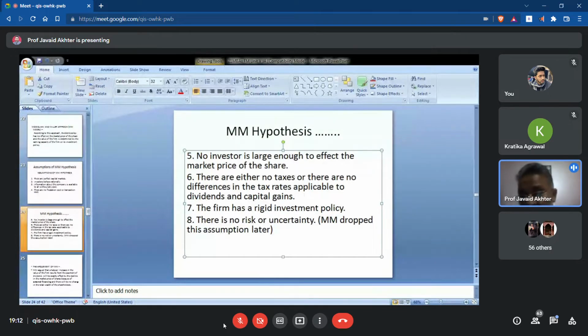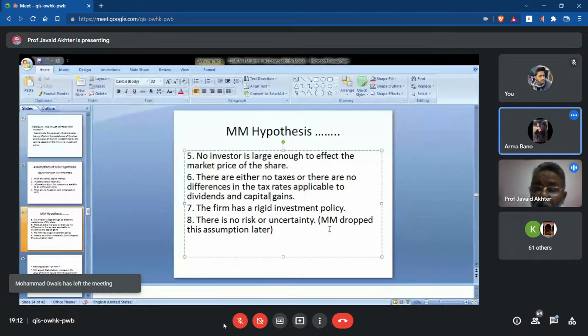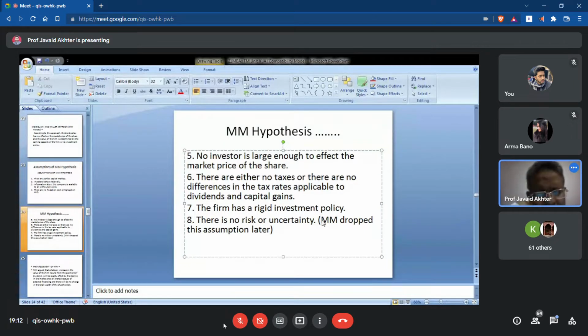In the context of the Modigliani and Miller hypothesis of irrelevance, we can say that this is the assumption that no investor is large enough. Sir, why is Wipro an exception? Because Azim Premji had too much of a holding of shares in his company.